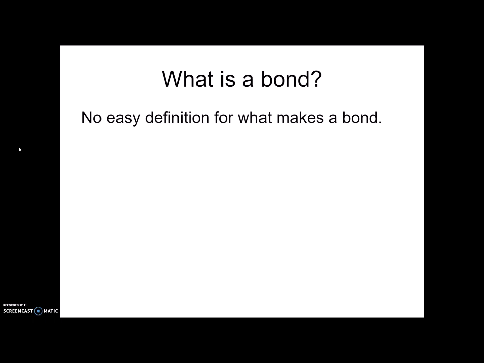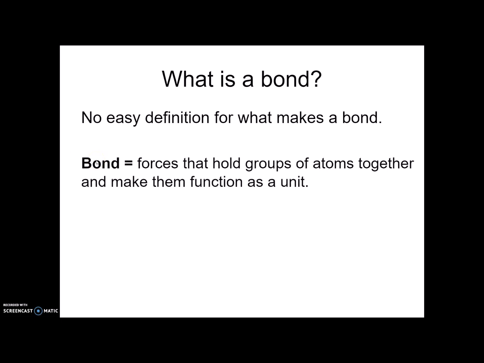First of all, you might be a little bit surprised to know that even the most advanced chemists don't have a definitive idea of what a bond is. There's really no way to define it very succinctly. The best we can do is to say that a bond is the sum total of forces that hold groups of atoms together and makes them function as a unit.